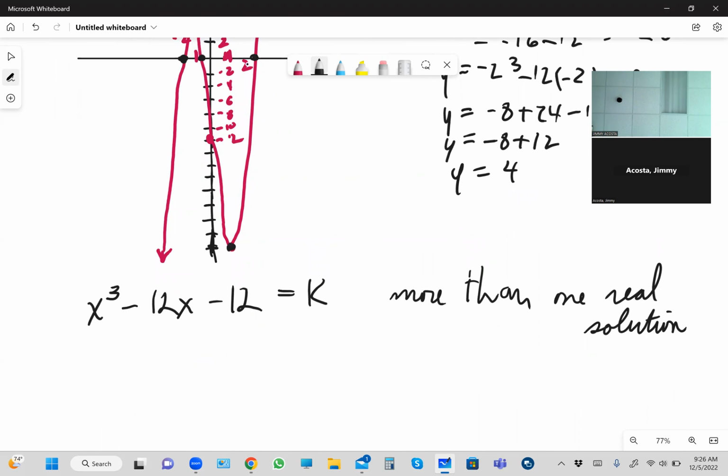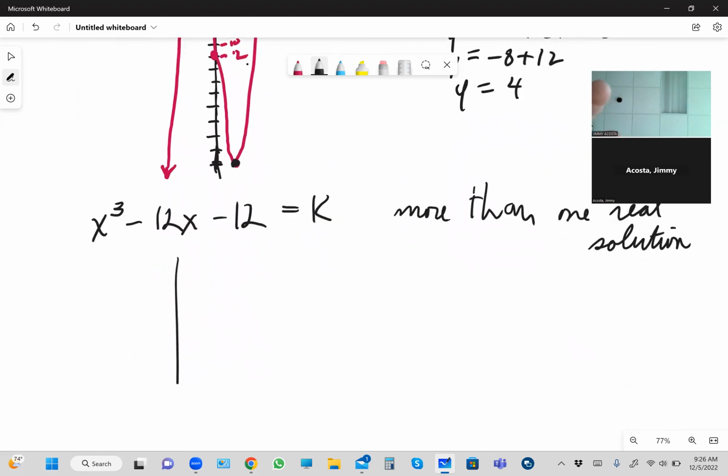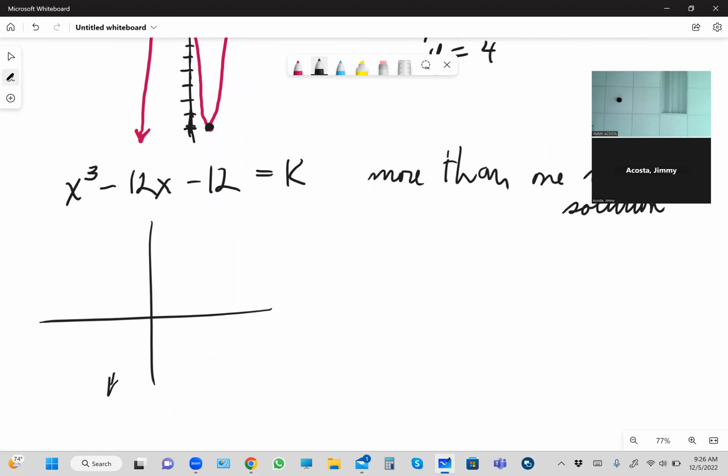This is the min. Okay. So imagine you were sliding this up to where it looks something like this. How many real solutions do you have now? 2. Agreed? How about now?